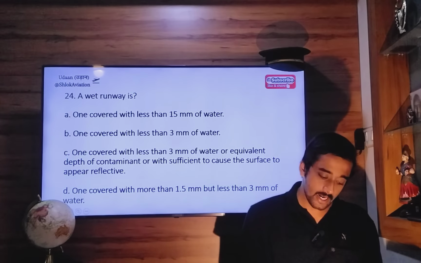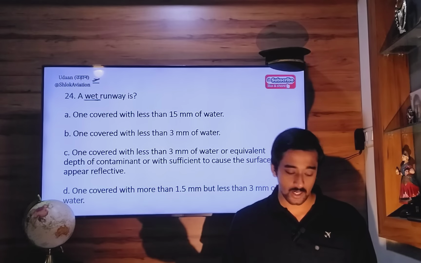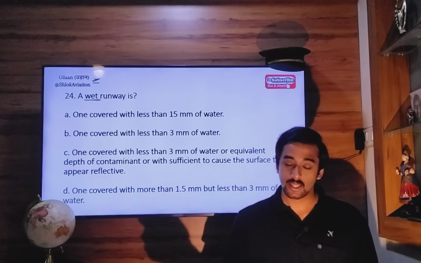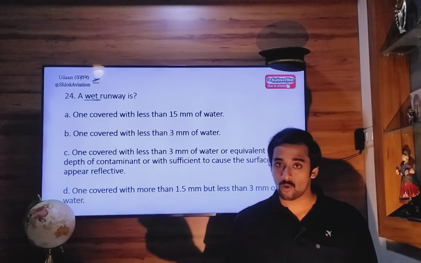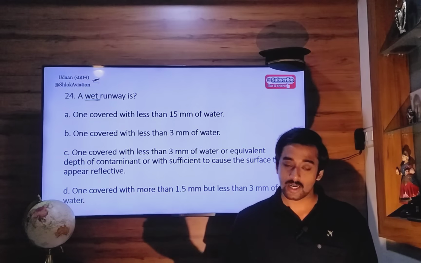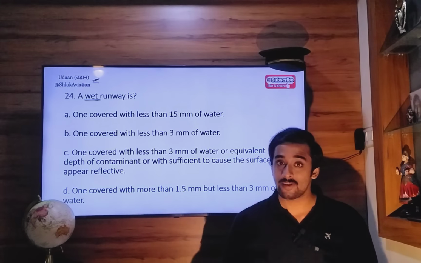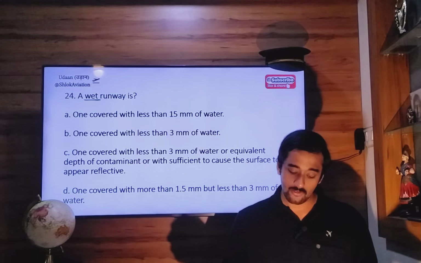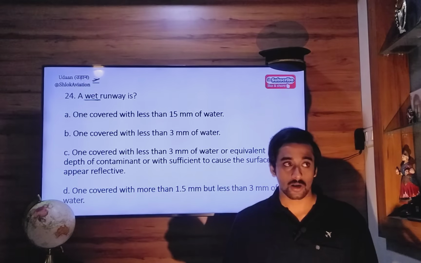Question 24. A wet runway: one covered with less than 15 millimeter water; one covered with less than 3 millimeter water; one covered with less than 3 millimeter water equivalent depth of contaminant or with sufficient to cause the surface to appear reflective; one covered with more than 1.5 millimeter but less than 3 millimeter water.